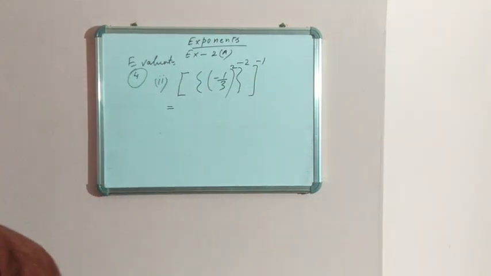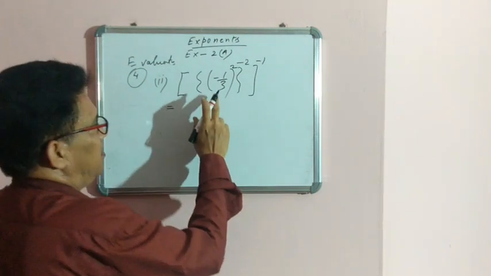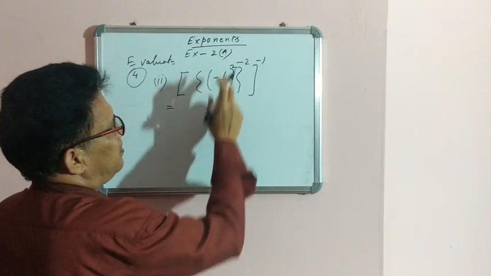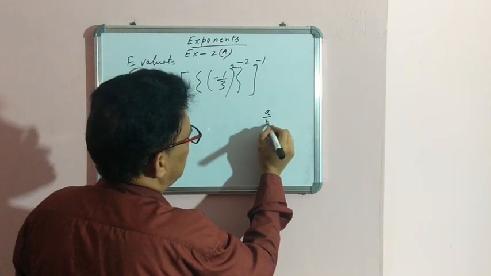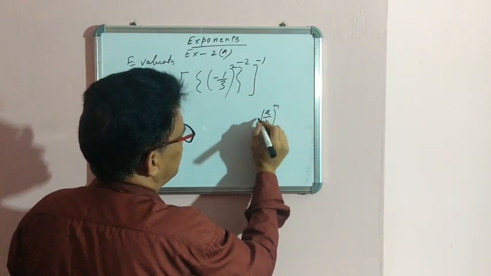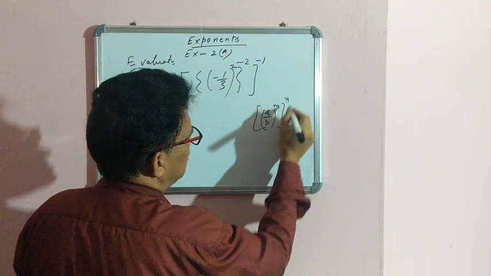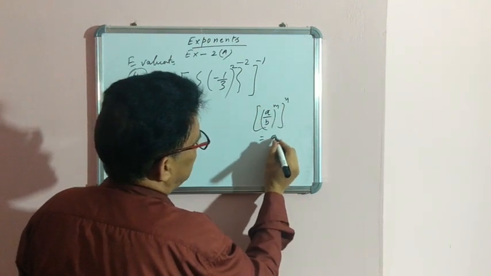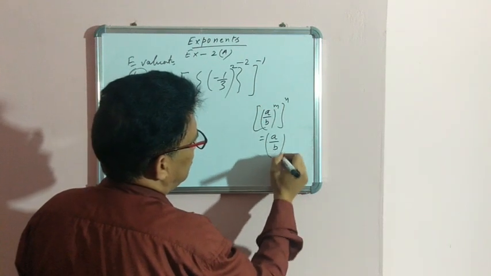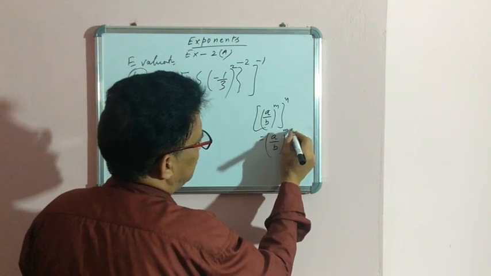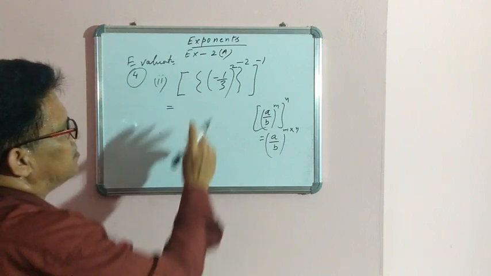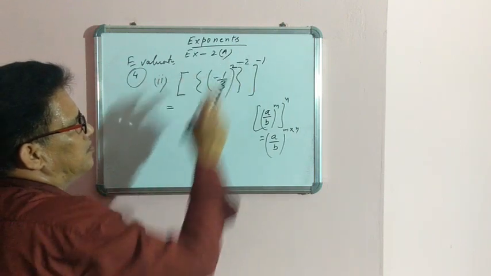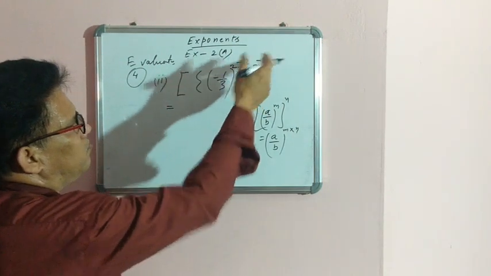Here a by b power m, whole power n, you can write as a by b power m into n. The same law we can use here: minus 1 by 3 power minus 2, and whole power minus 1.